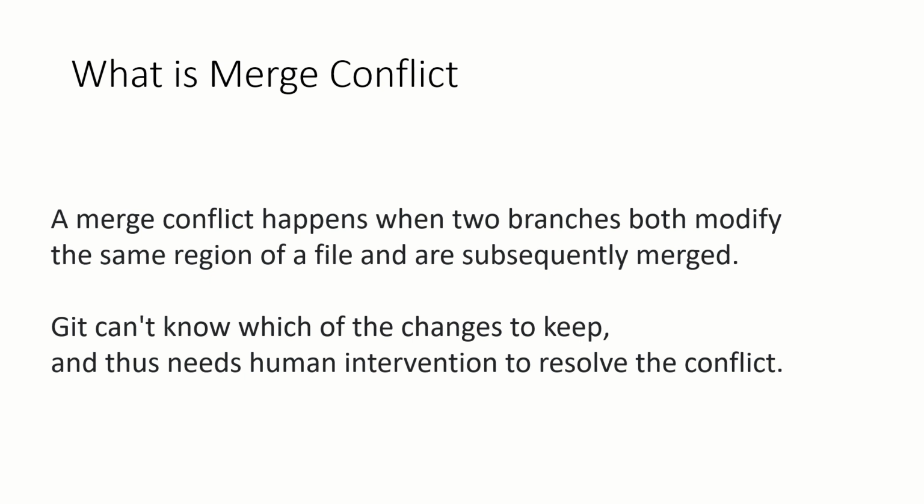So let's say developer 1 has committed something at line number 10 in file A, then developer 2 is committing something different from developer 1 at the same line in the same file, and then a PR is raised to merge that change from the test 2 branch into the main or master branch.